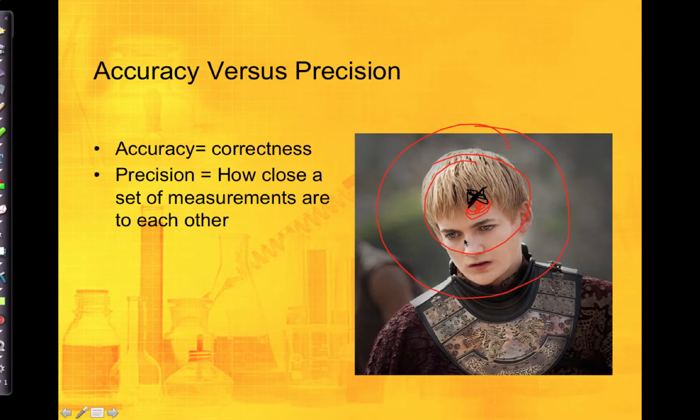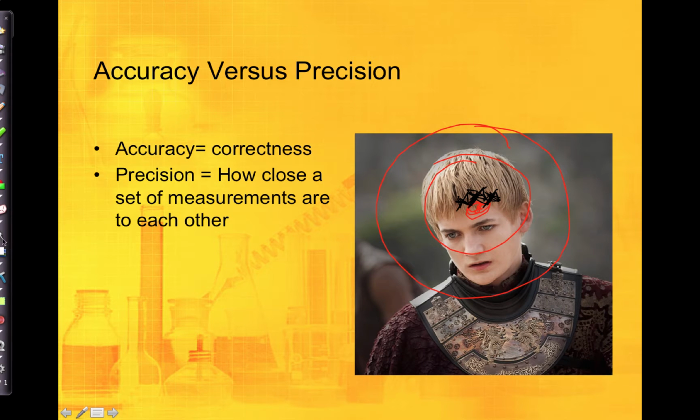If I repeatedly shoot arrows at him and I get the same spot, then I'm precise. So precision is how close you are when you do a series of measurements. Accuracy is how correct you are. If I kill him, then I'm accurate. If I'm precise, then I kill him in the same spot over and over again.